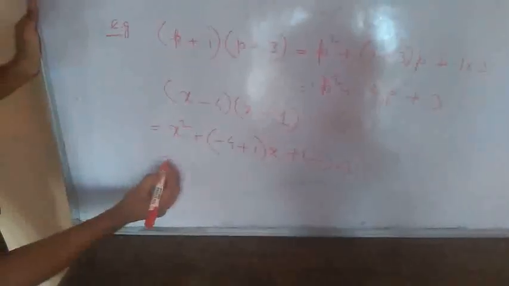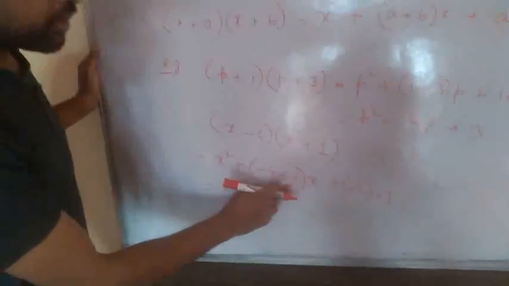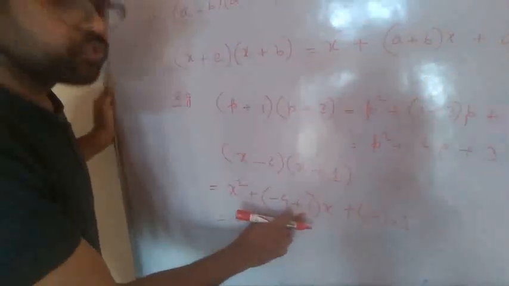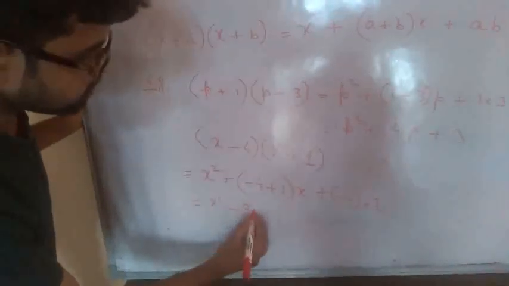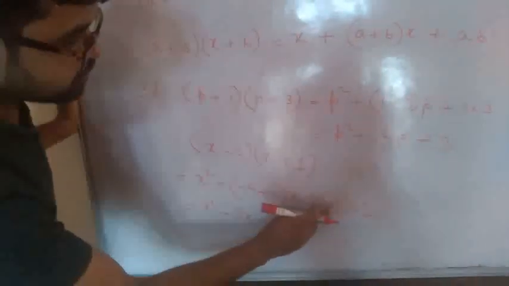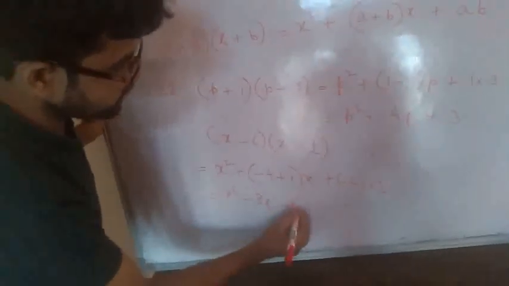So minus 4 plus 1 will give you minus 3, so you have minus 3x. And 4 into 1 is 4, and plus into minus is minus, so you will get minus 4.